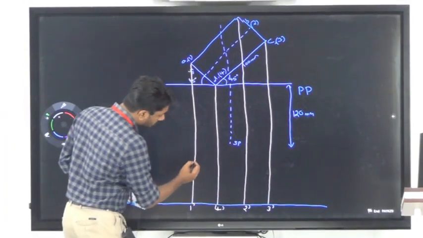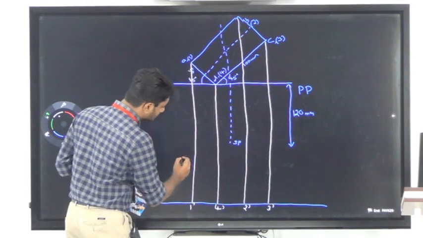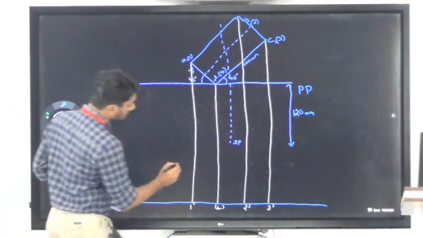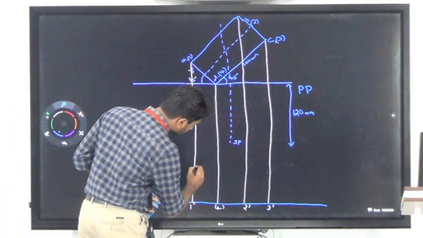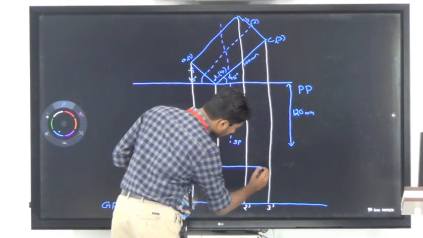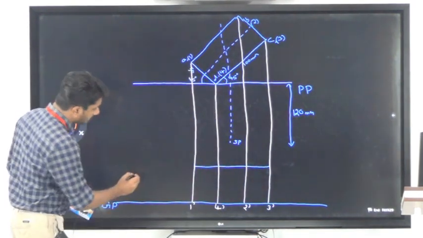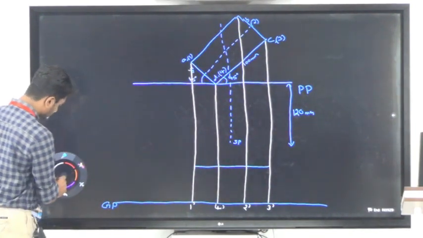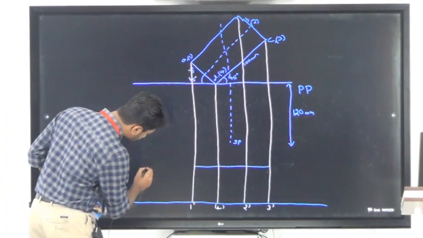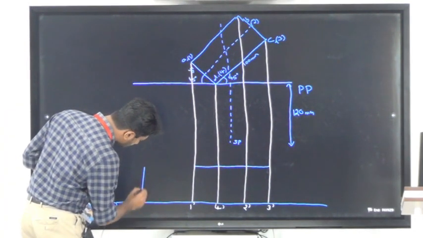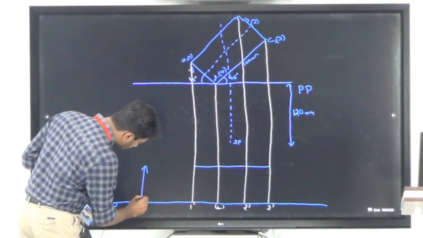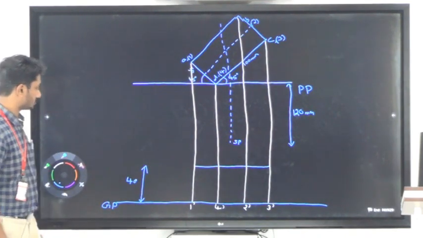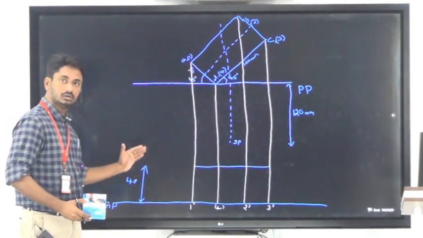So we can mark the top points at a distance of 40 mm from the ground plane. So this length is equal to 40 mm.